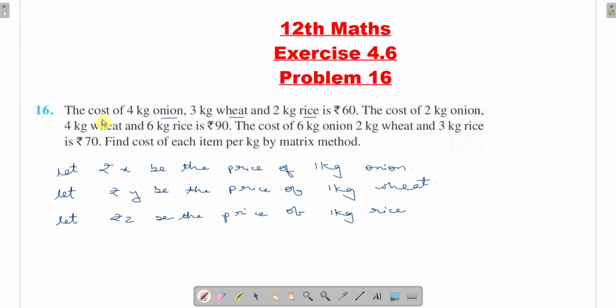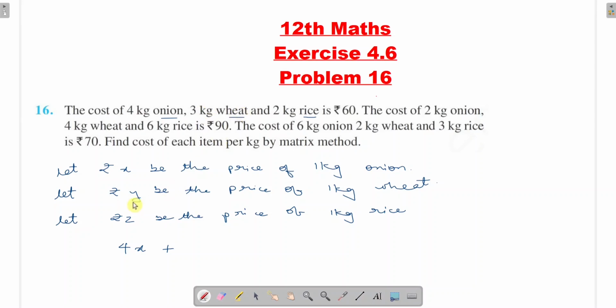So from the first sentence, we will get 4x, because x is the price of 1 kg onion. That means 4 kg onions will have the price 4x, right? So 4x plus, now 3 kg wheat is there.